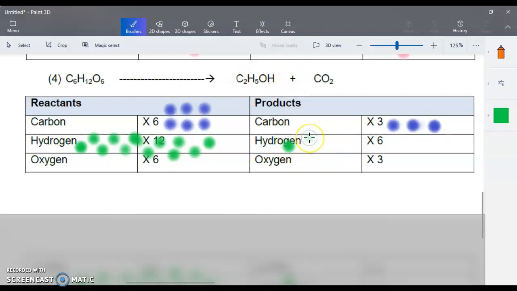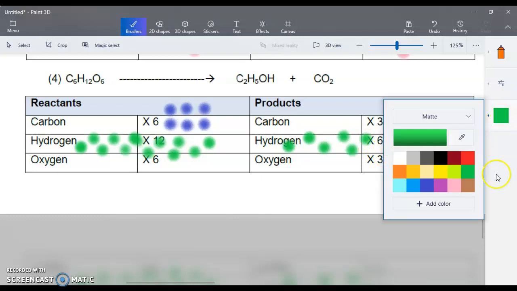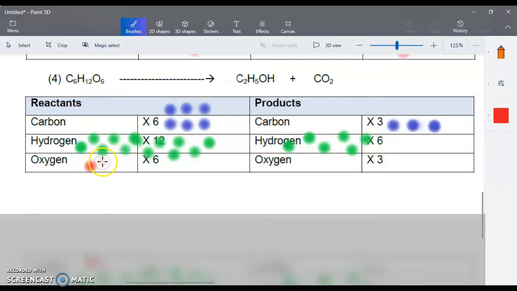So again, it hints towards us doubling this up. 1, 2, 3, 4, 5, 6. And then finally, you've got the oxygens. You've got 6 on this side: 1, 2, 3. That's why I like this example. 4, 5, 6.